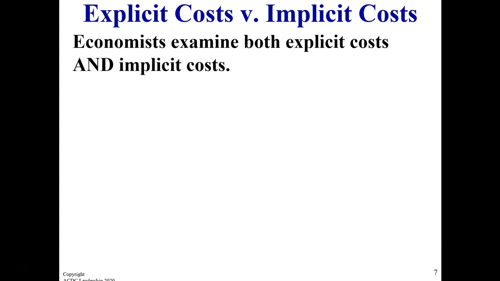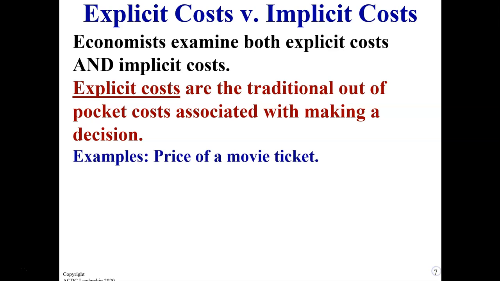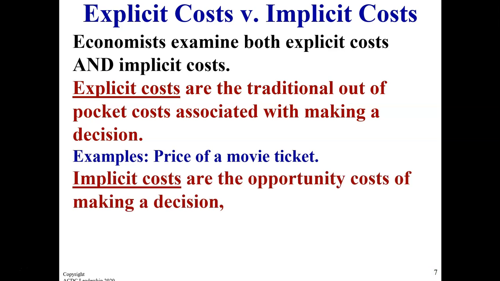Explicit costs versus implicit costs. Economists examine both explicit costs and implicit costs. Explicit costs are the traditional out-of-pocket costs associated with making a decision, so the actual cash that you have to pay. Examples, the money that you would spend to go to a movie.